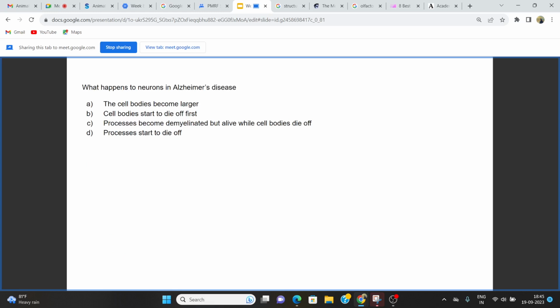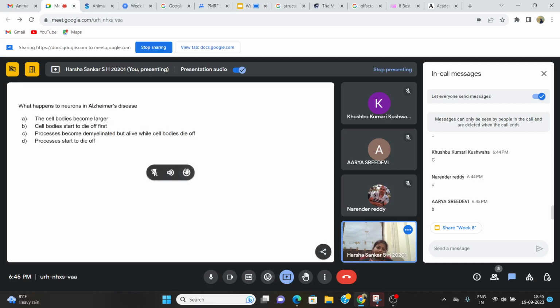What happens to neurons in Alzheimer's disease? Cell body becomes larger, cell body starts to die off first, processes become demyelinated but alive while cell bodies die off, processes start to die off. What is the correct answer? Arya replied.